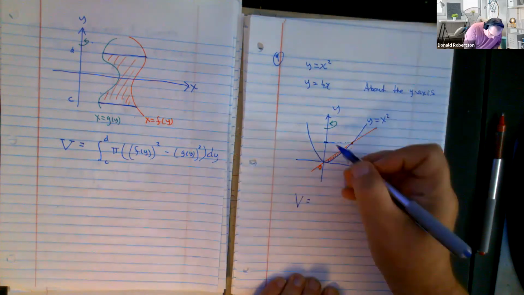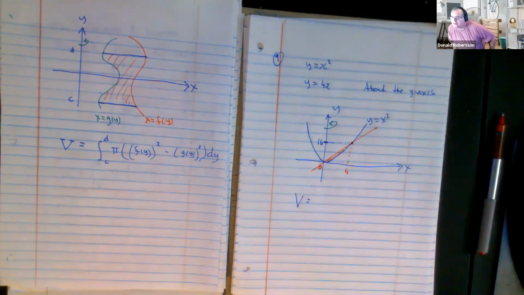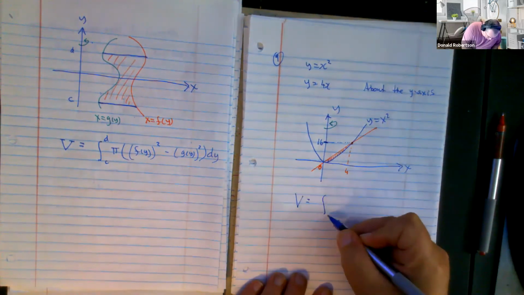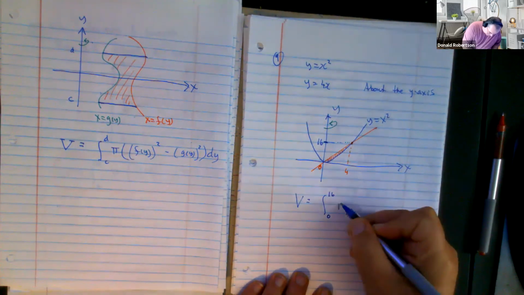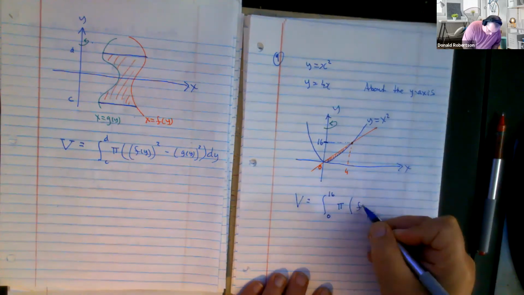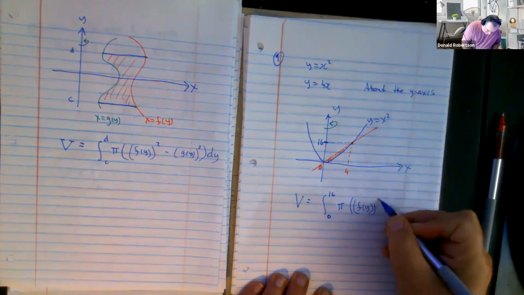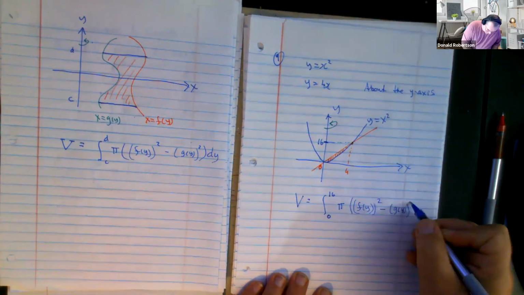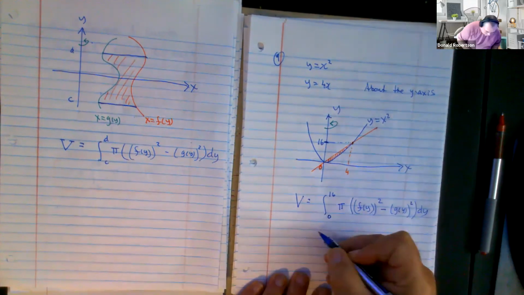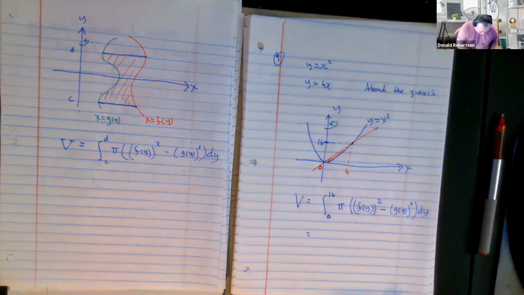And this number is 16, isn't it? Because I need the limits to be from y equals 0 to y equals 16. I also need the pi. I need to have a function called f of y squared, take away another guy called g of y squared dy. And almost everything that I've got is the wrong way around.